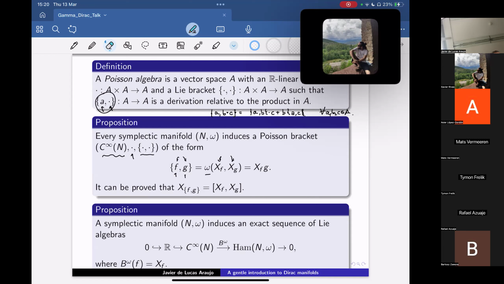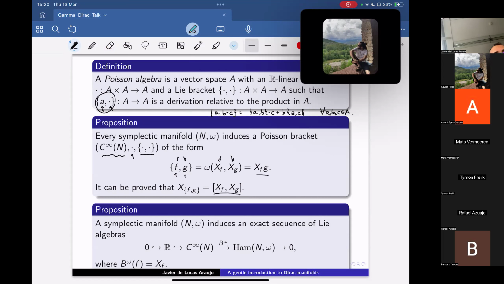The reason why mathematicians like this way of defining things more is because when you consider the Lie bracket of two Hamiltonian vector fields, the nice feature is that this is a new Hamiltonian vector field, as I said before, but also the function related to this new vector field is just the bracket of these two functions. And this appears in this mathematical approach. In the geometric mechanics approach, a minus appears, and it's not that nice.